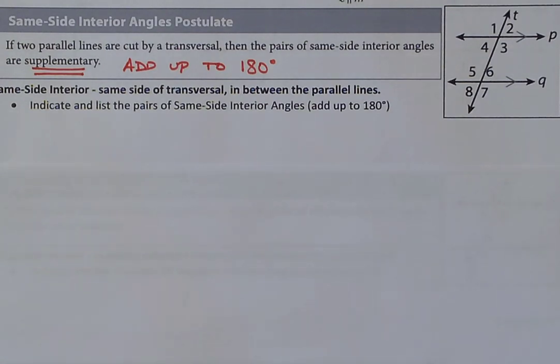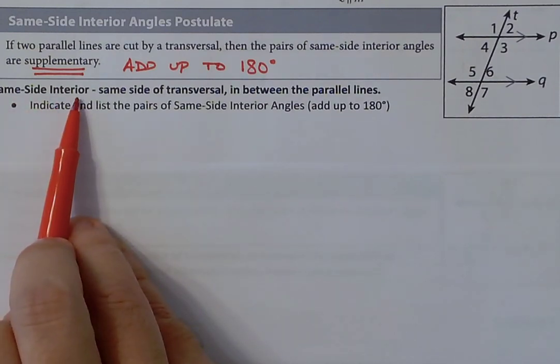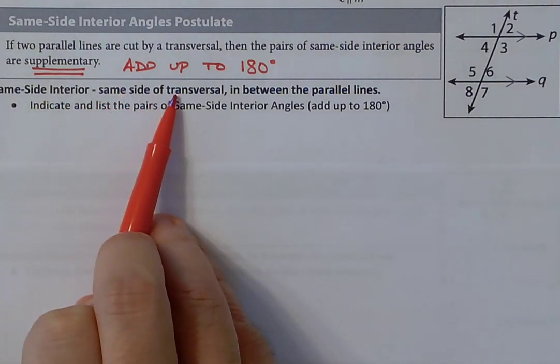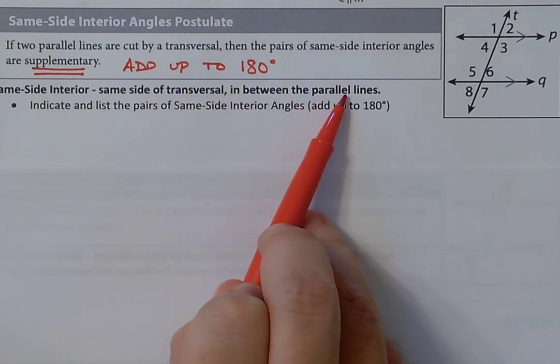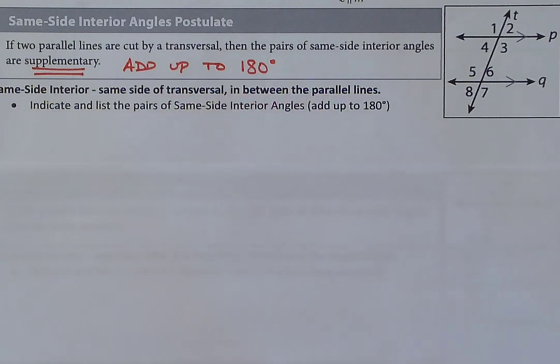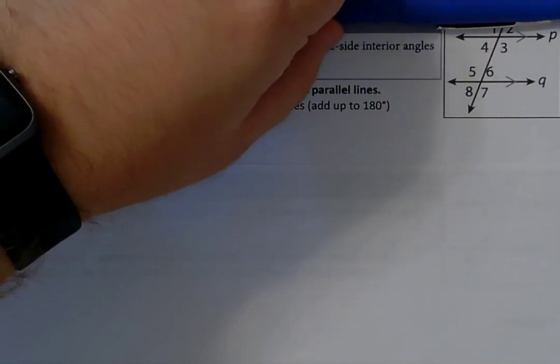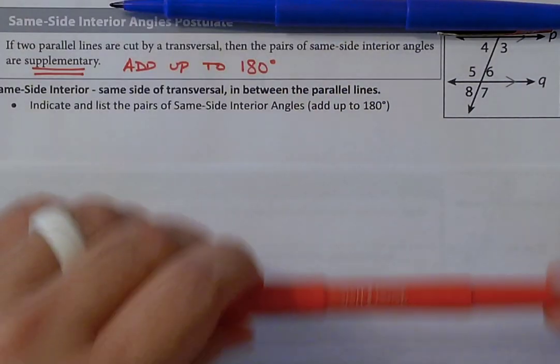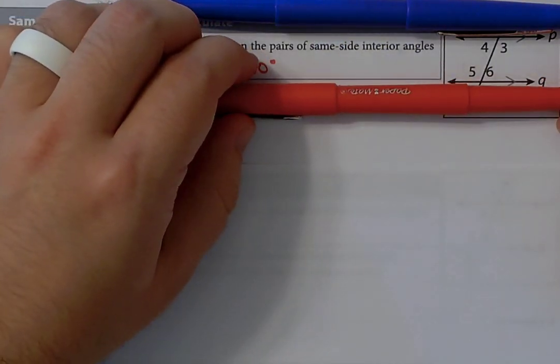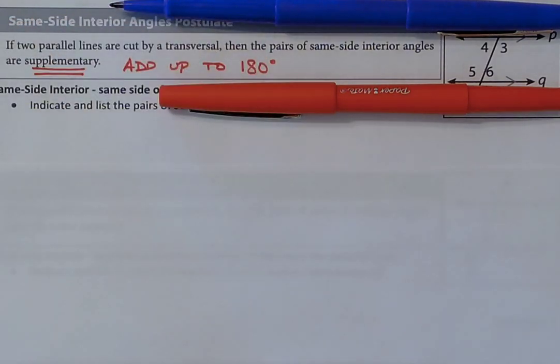So, with that said, recall that same side interior angles are on the same side of the transversal and in between the parallel lines. So if I were to cover up the parallel lines or anything outside of the parallel lines, this talks about in between the parallel lines and then on the same side.